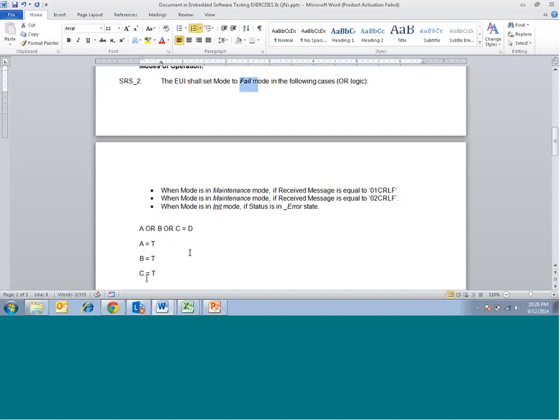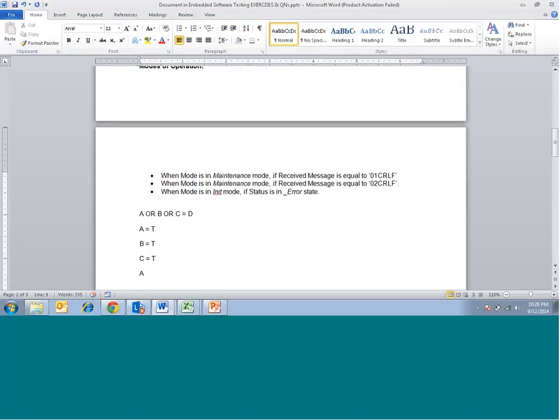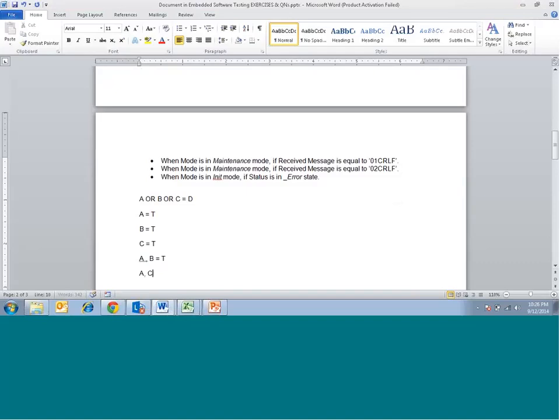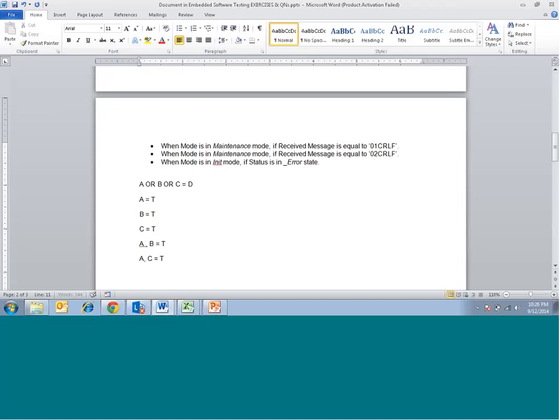And next one, A and B set to true, A and C set to true, A, B and C set to true. In this condition also it is going to go to failure. Likewise, this is called MCDC, the modified condition decision coverage, because based on the condition, different decisions are taken.